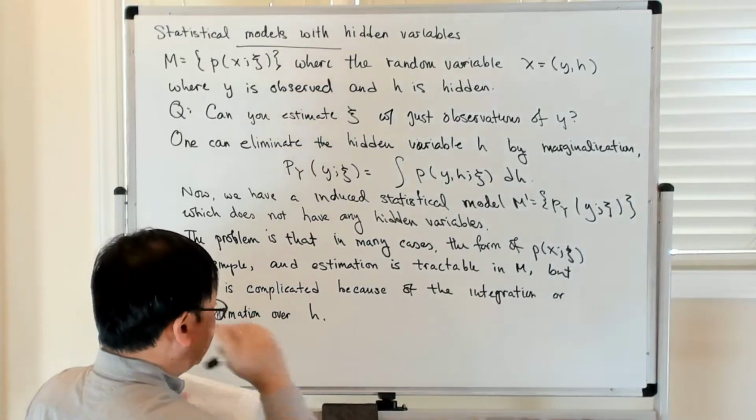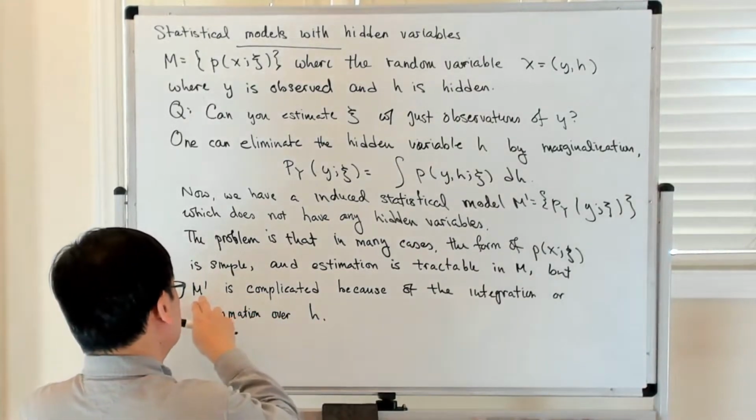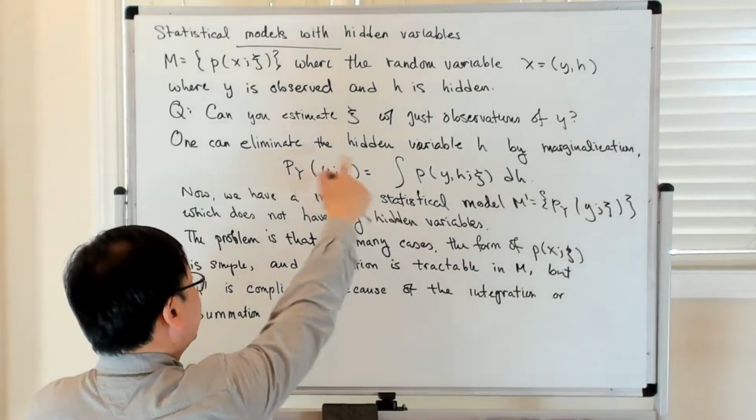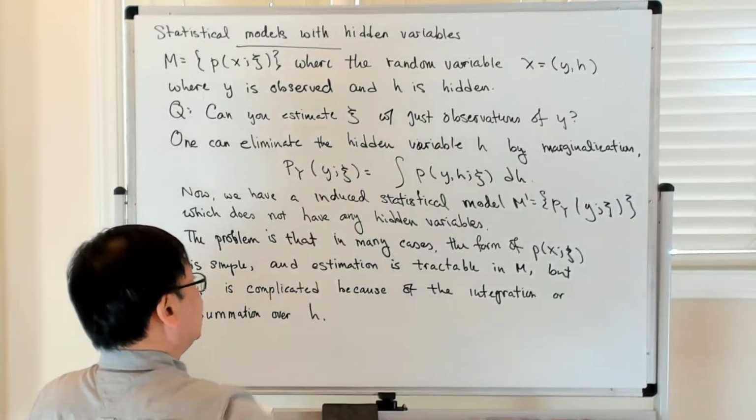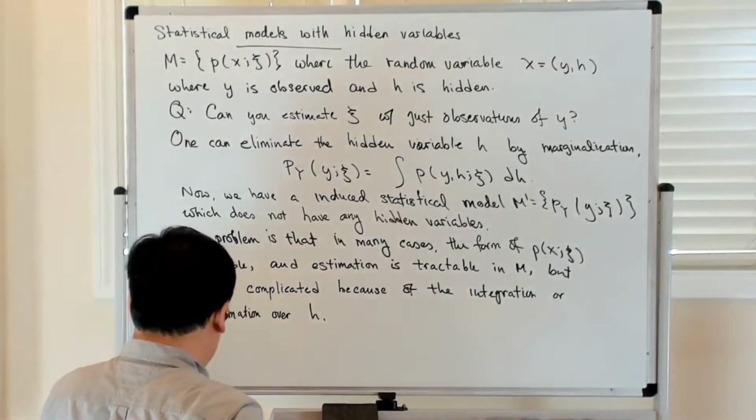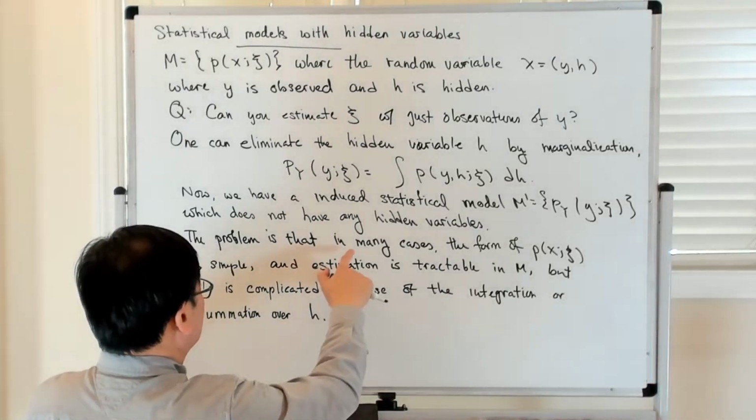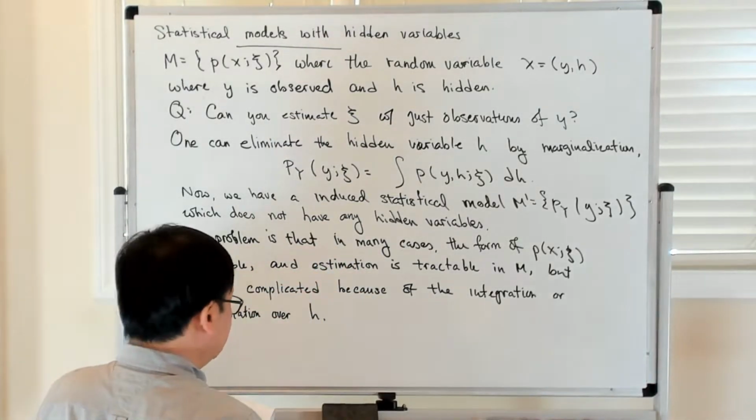And because this family of marginal distributions is complicated, the estimation problem becomes intractable.